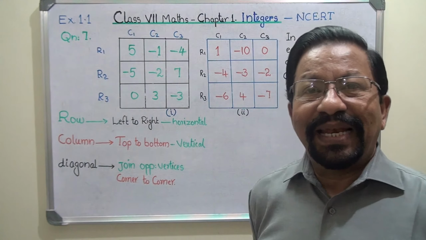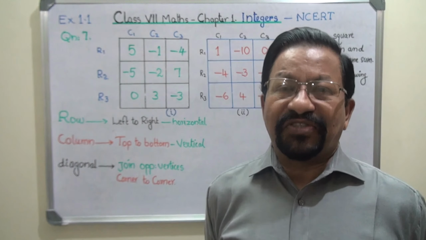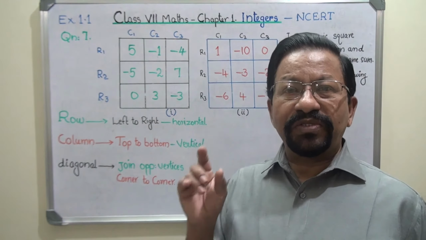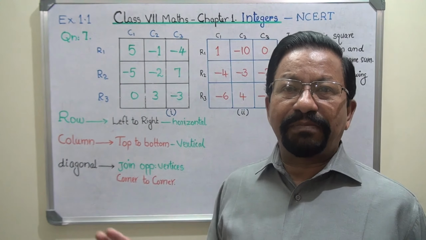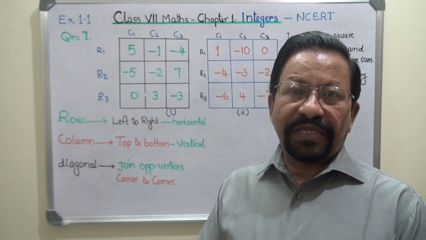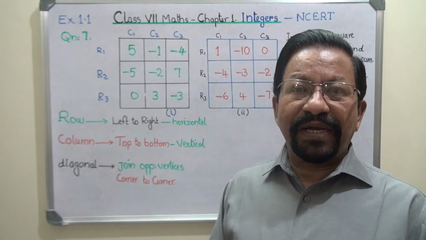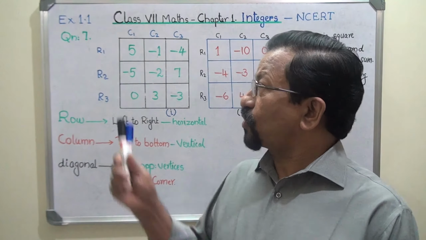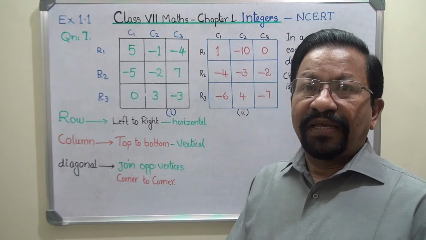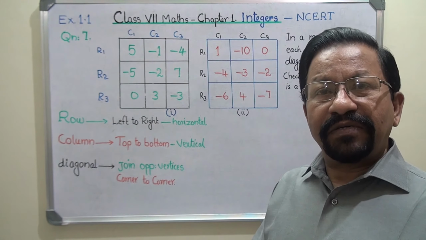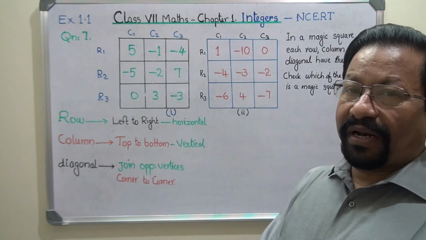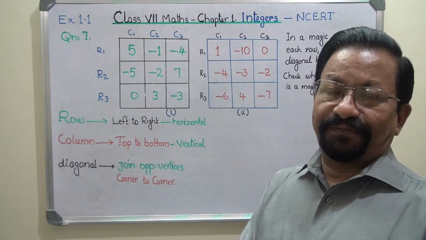Square means length and breadth are the same; if there are 3 rows, there should be 3 columns, and that makes a square. If it is 5 rows, 5 columns, or 10 rows, 10 columns, the length and breadth are the same. Two squares are given with some integers. We have to find out which one is a magic square out of these two figures.